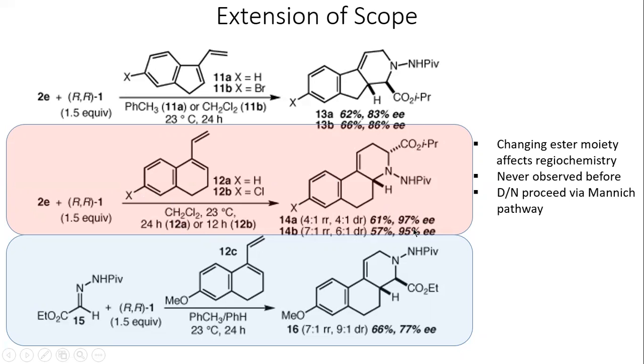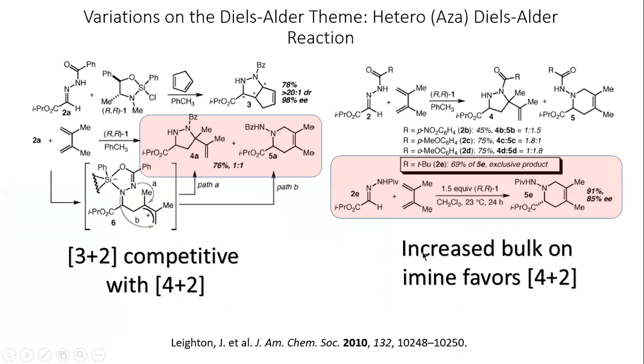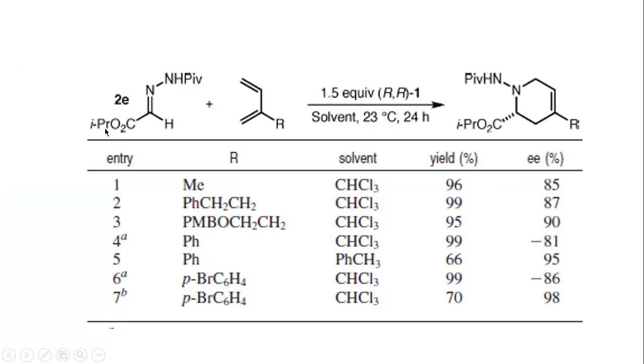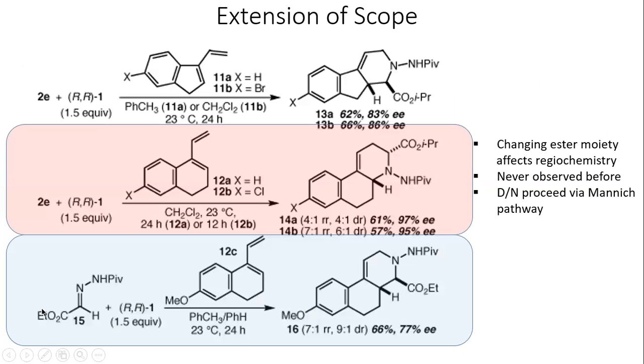So with this, they see regular demand, but when they change up the ester moiety over here, it flips to inverse demand. Even though, let me go back to 2E. 2E is right here, right, where this is an isopropoxy group. And then right here, they change it to an ethoxy group on the ester, and it changes the electron demand. It goes from being regular demand to inverse demand, right, where this is a methoxy group.